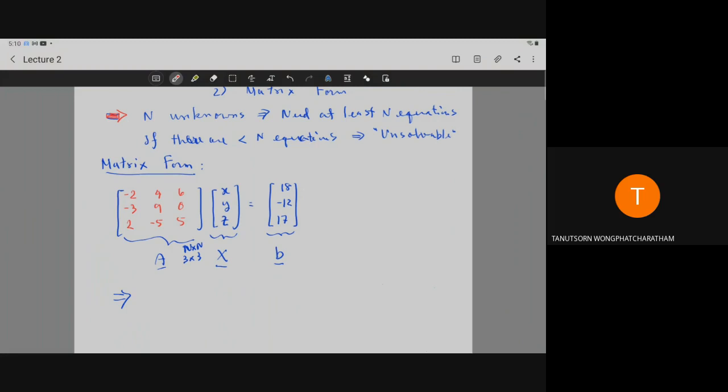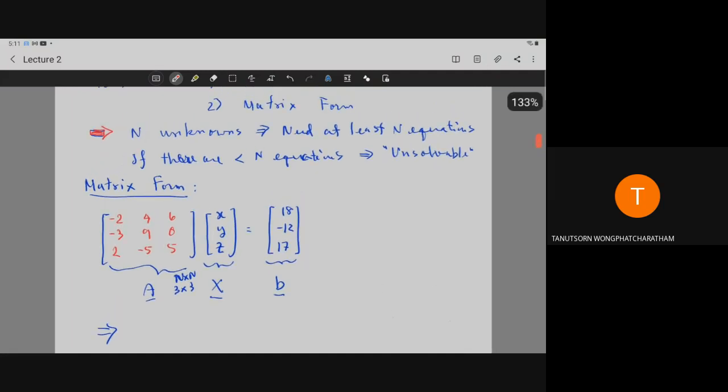So what I was saying here is that in general, when you have n unknowns, you need at least n equations in order to solve such a system.